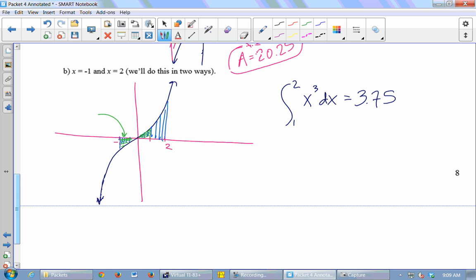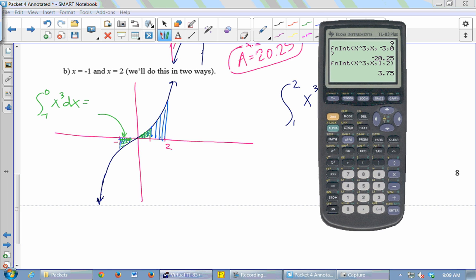Let's find that area. That area would be the integral from -1 to 0, which is -1/4.